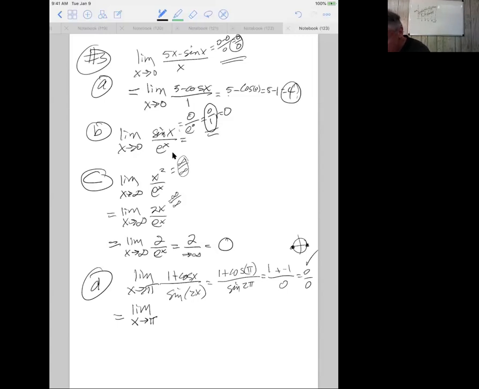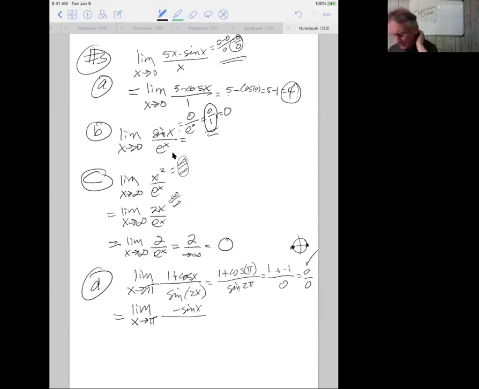We took the derivative. Derivative of cos is negative sine x, right?